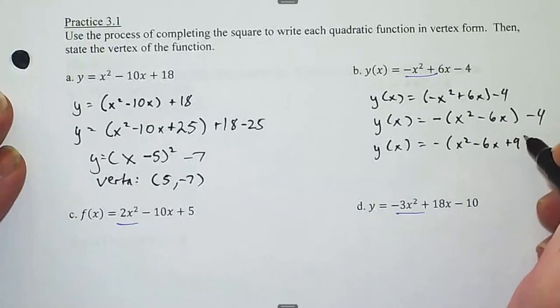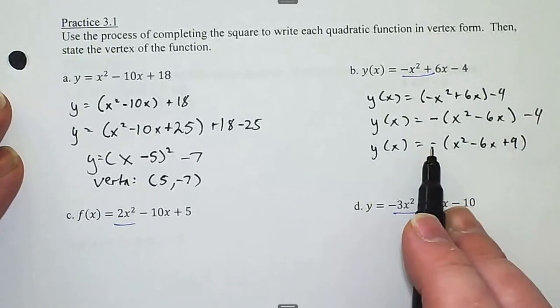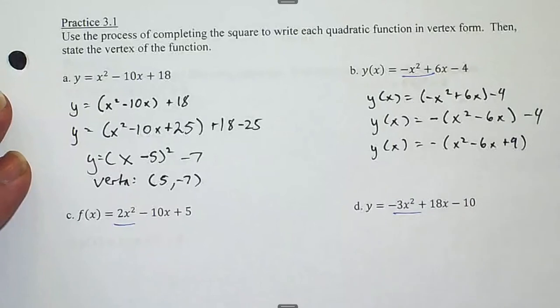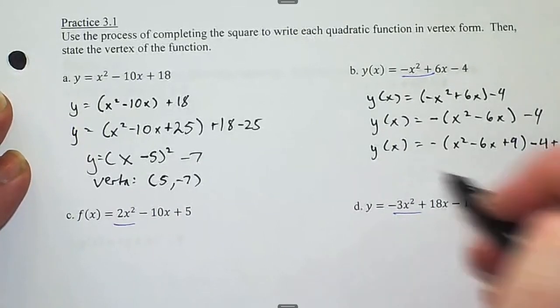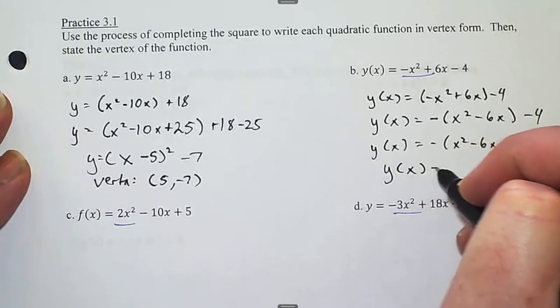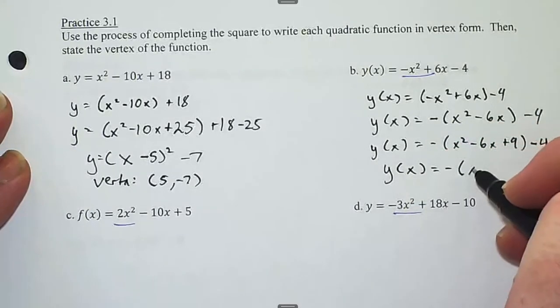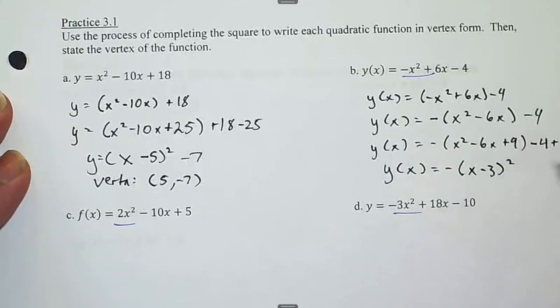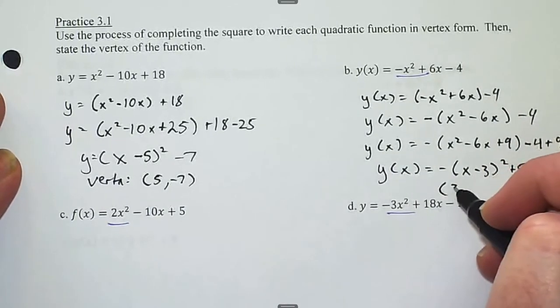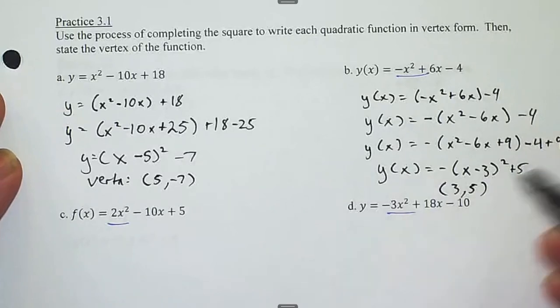So that makes that a plus 9. But that's a plus 9 times a negative 1. So I actually subtracted 9. So to undo it, I need to add 9. So then that becomes plus 5. So this is a (3, 5).